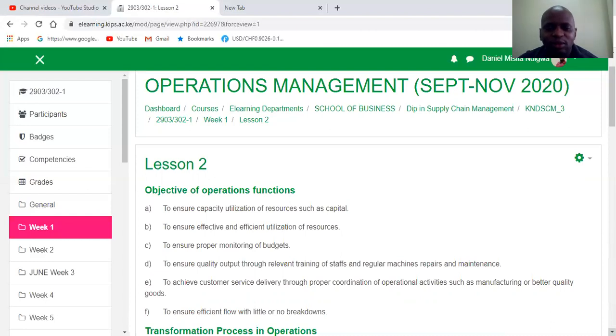The other important thing that you must understand is that operation management ensures proper monitoring of budgets. So you're able to monitor your budgets and ensure that you cut on your costs. It also enables you to ensure quality outputs through relevant training of staff and regular machine repair and maintenance.